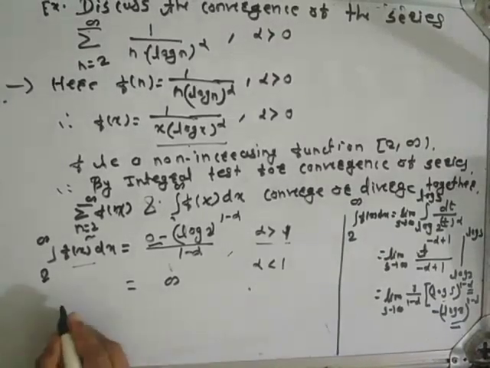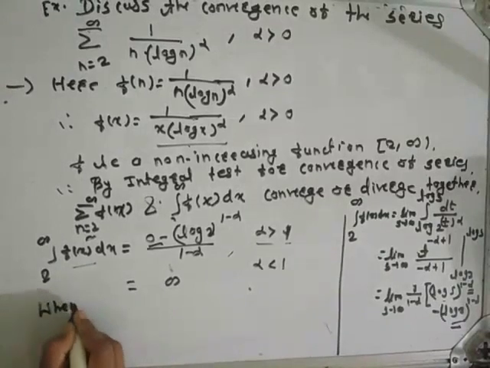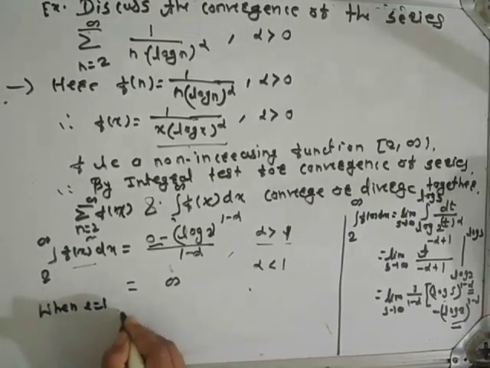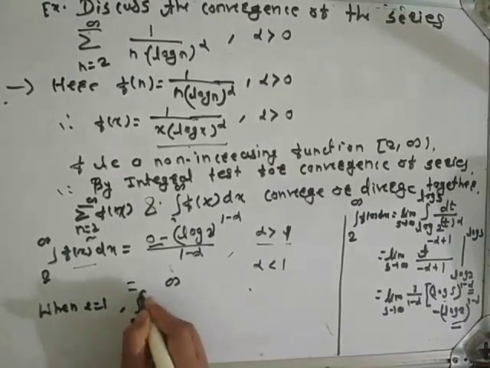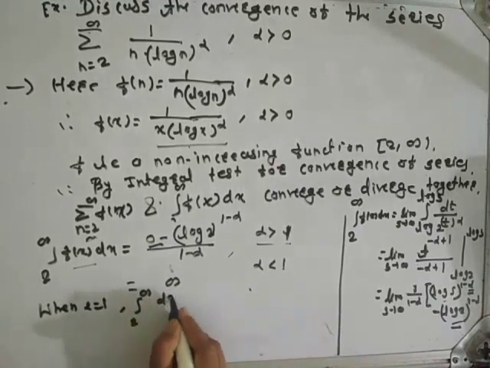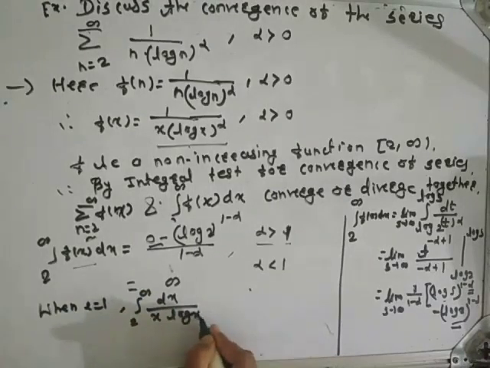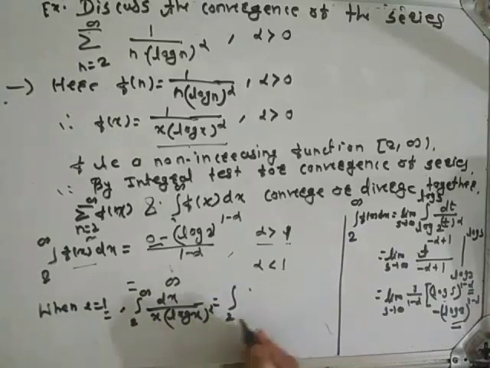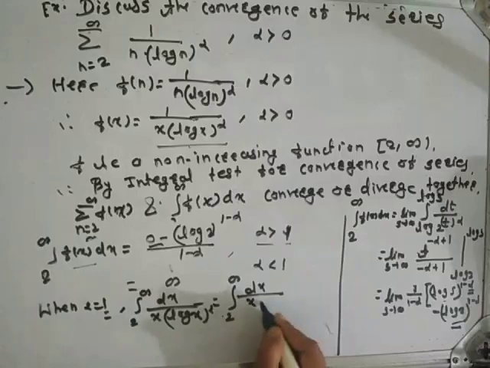Now we will check the convergence for alpha equal to 1. When alpha is equal to 1, the integral from 2 to infinity of dx upon x (log x) raised to alpha becomes the integral from 2 to infinity of dx upon x log x.